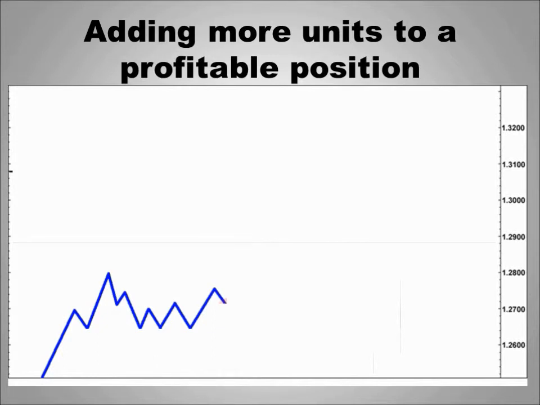Okay, so here we have a line graph, and here we have some minor support. And then we decide we're going to go long because we know that this is a bullish trend. So let's go long. But let's determine our stop loss. So we decided to set our stop loss at 1.26, which means that we are risking $100.